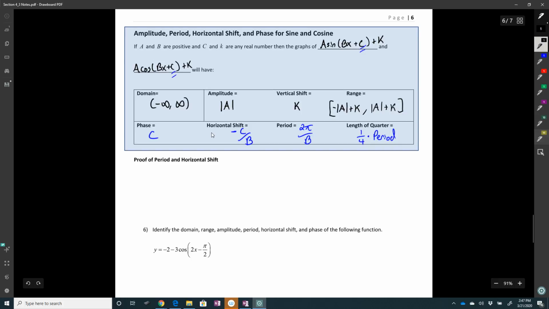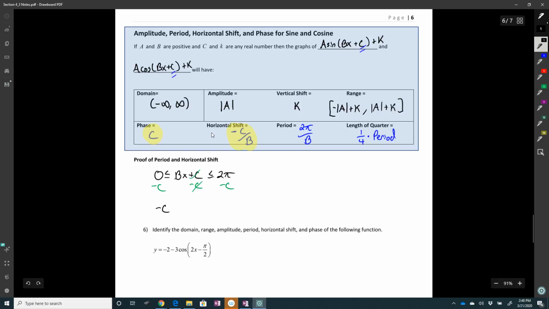All right. So the thing is, what's the difference between a phase and a horizontal shift? The horizontal shift is just getting your equation, putting bx plus c on the inside, and solving it. So if you solve it, your first step is to subtract c from both sides.